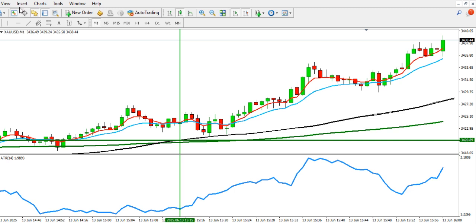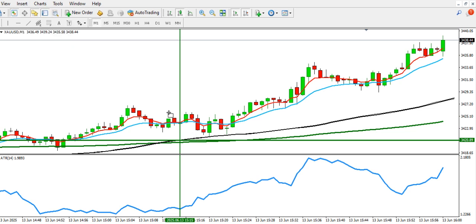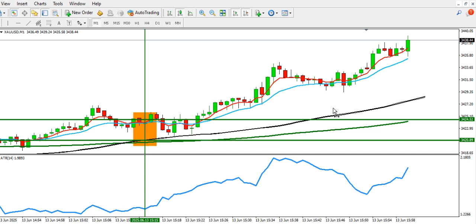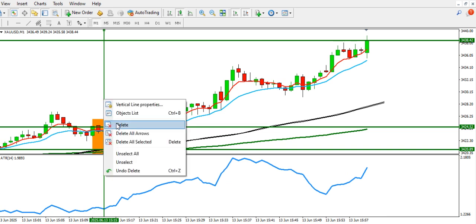If I had bought gold around this point where all crossed, I could have made up to this point, 24,34. That's 160 pips of profit.